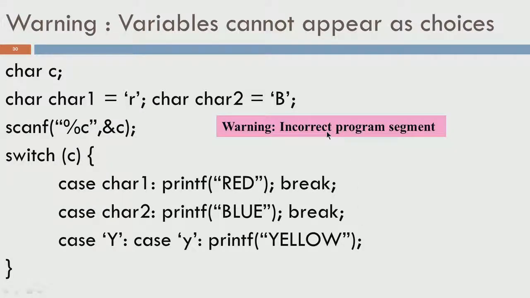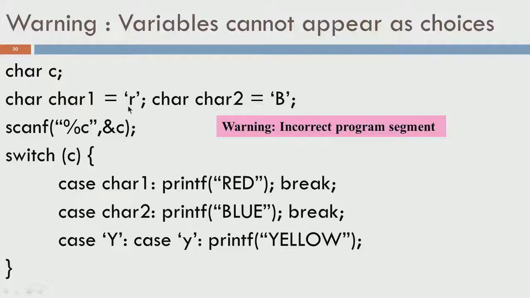So, there are two things that you have to watch out for in the switch cases. So, one warning is that variables cannot appear as choices. So, for example, let us say I put character car1 is R and character car2 is B and case car1, case car2. So, remember the expression that you have here should be a constant expression, whereas you have used a variable called character 1.